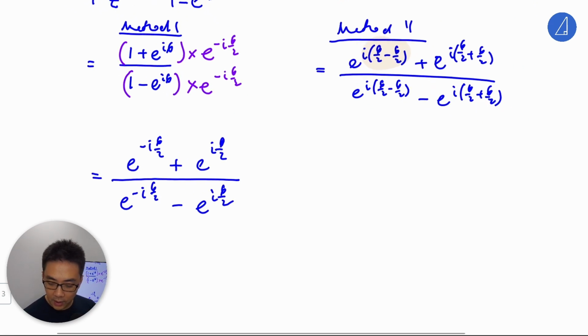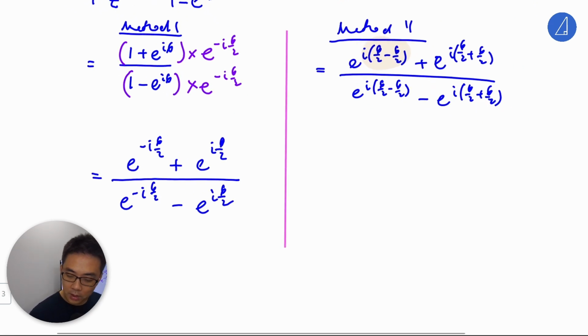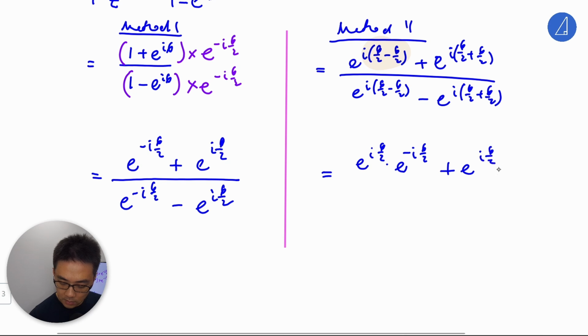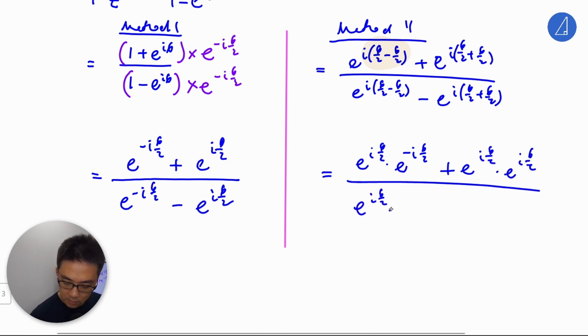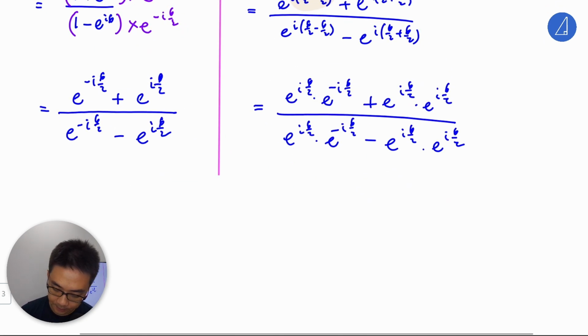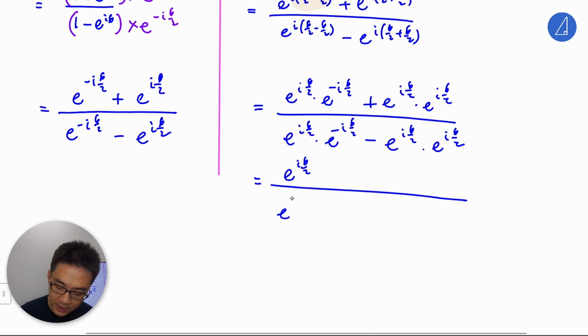Method 2 will then be factorize it out. If you can skip steps, by all means.